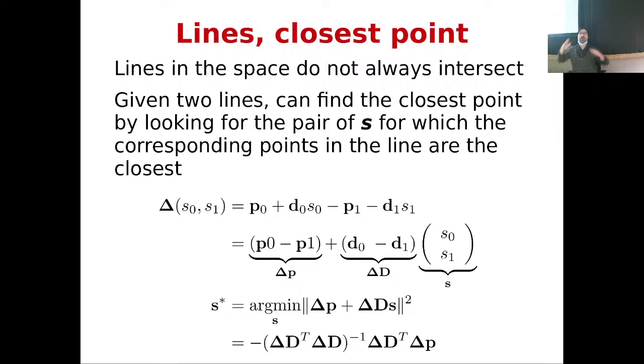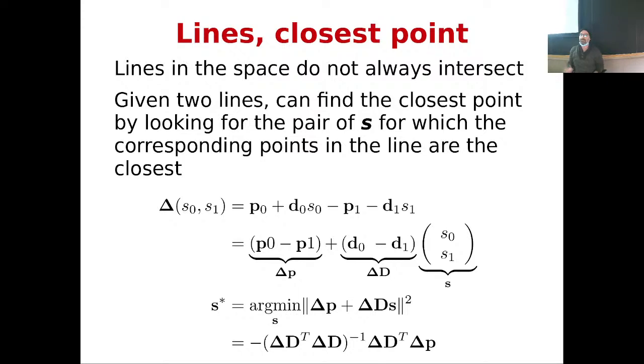Now, if we are interested in finding the closest points with respect to two lines, we will have to find two points, one point on the one line and one point on the other, such that the distance between these two will be smaller than the distance between any two other combination of points in the two lines.